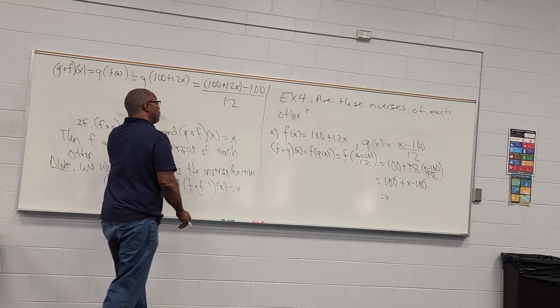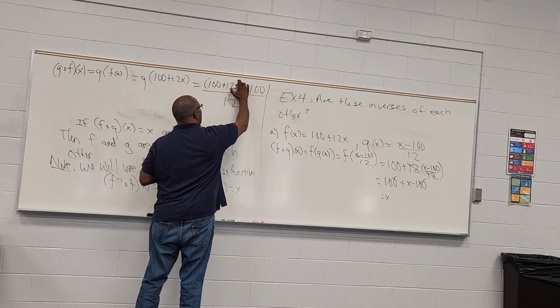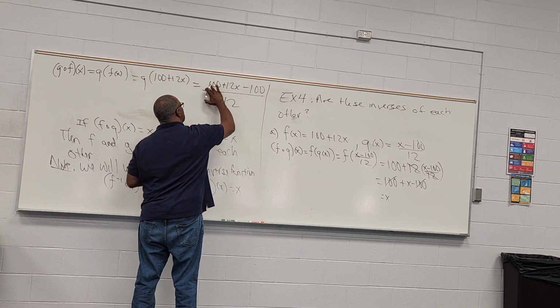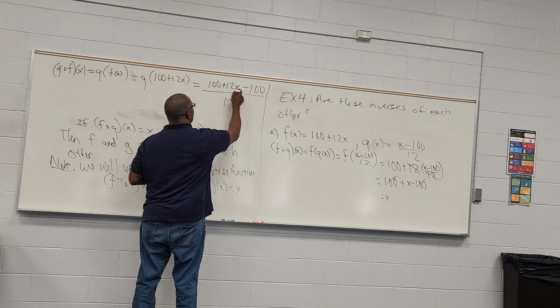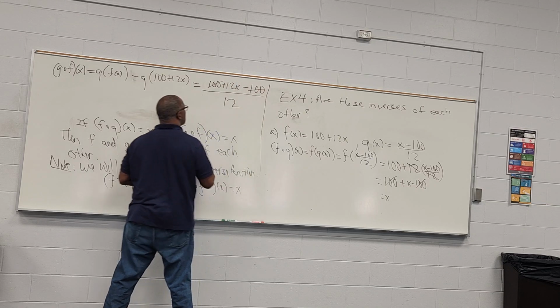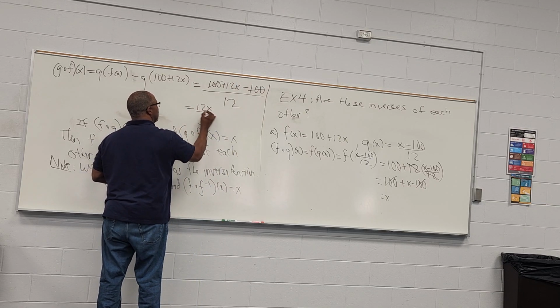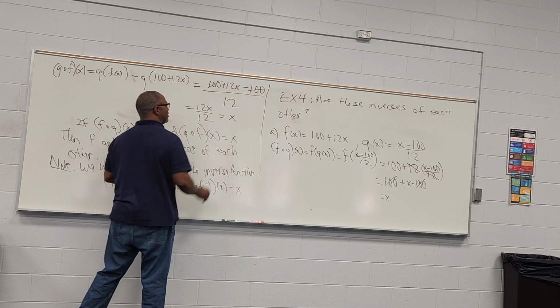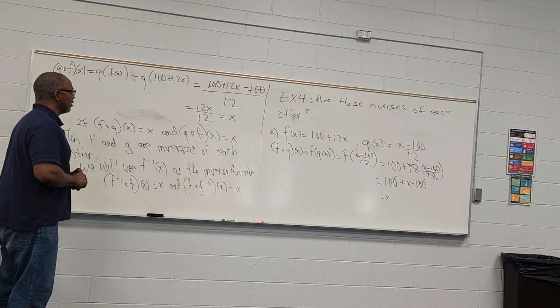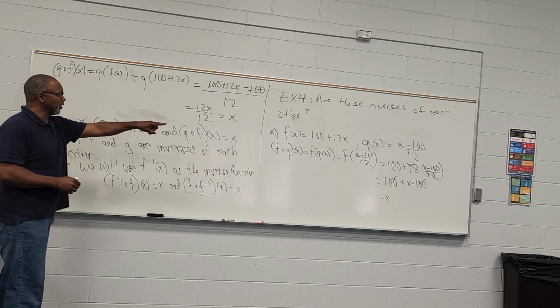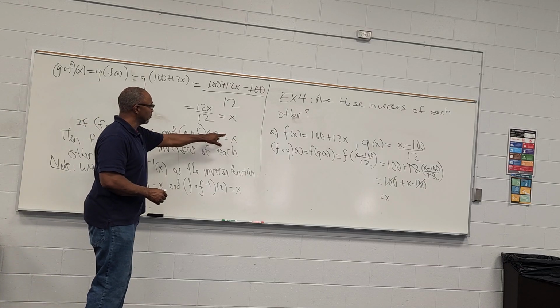And the parentheses aren't really doing anything, so I didn't have to write them, but I wanted to make sure we understood the process. So 100 minus 100, they cancel. So 12x over 12, but that's just x. So I've shown that f composed with g of x is x over there. Then I showed up here that g composed with f of x equals x.